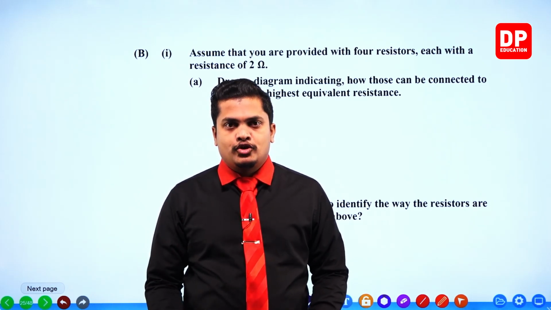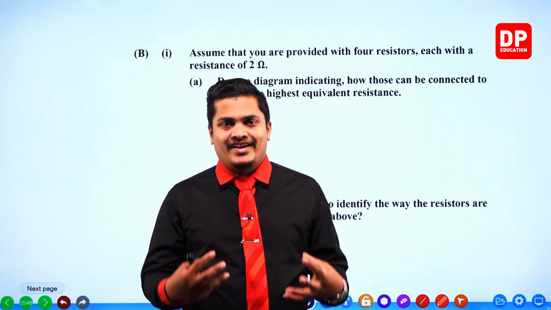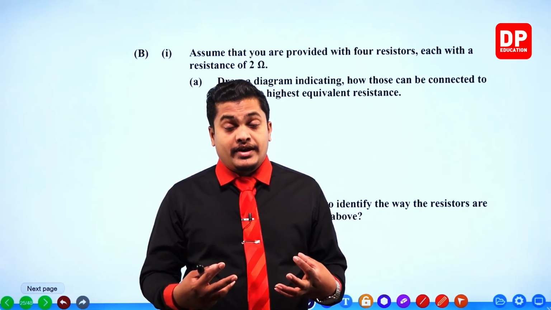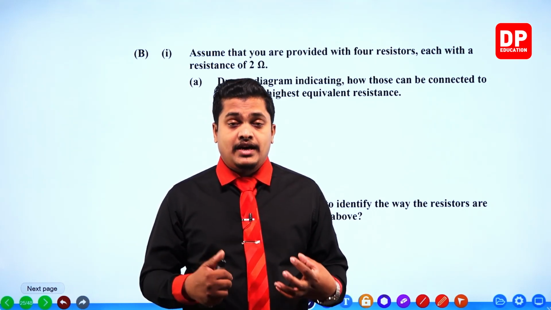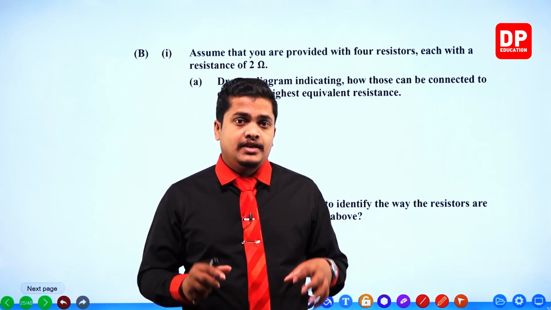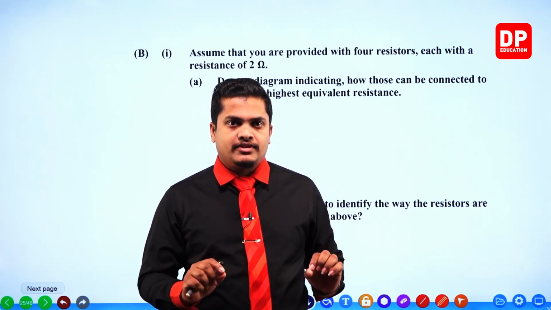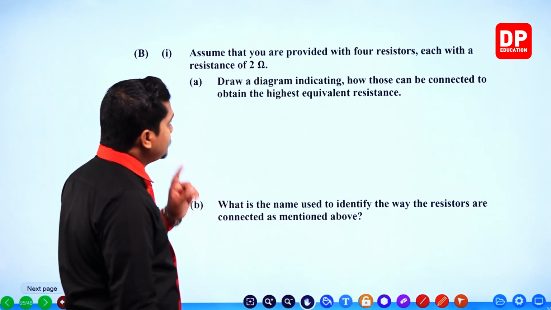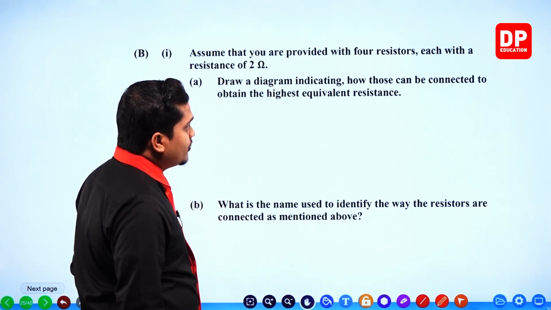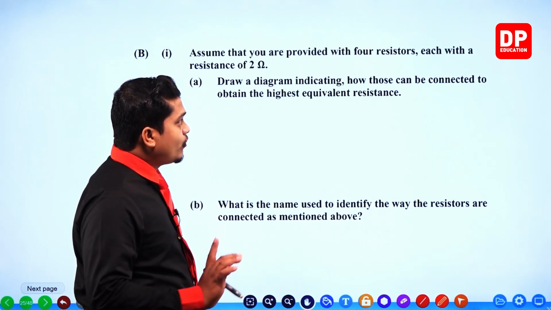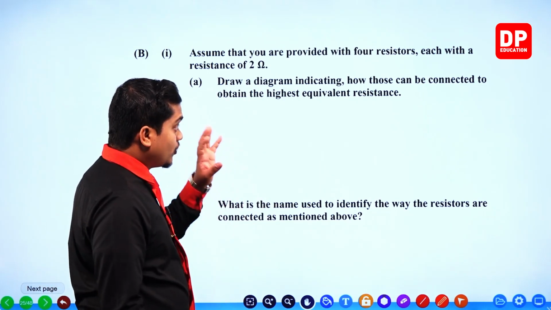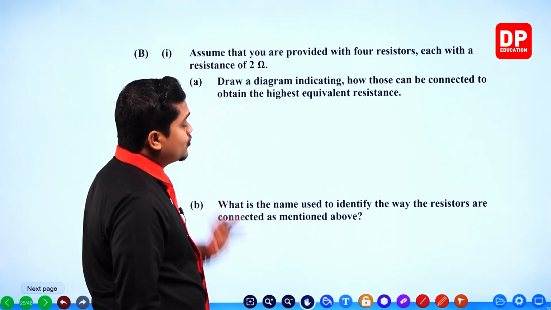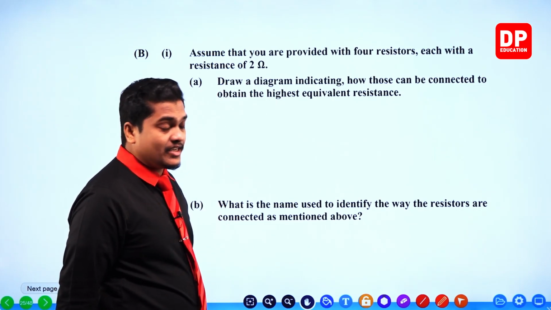So here, my dear children, to get the highest possible equivalent resistance, you have to connect all of these resistors in a series connection. Okay. So, a diagram indicating how these can be connected. So draw 4 resistors with 2 ohm each in a series connection, right?